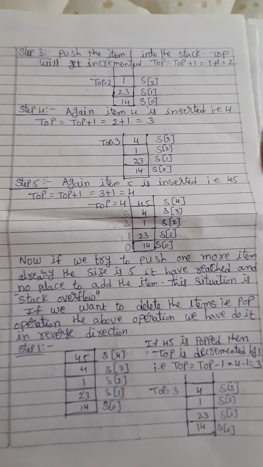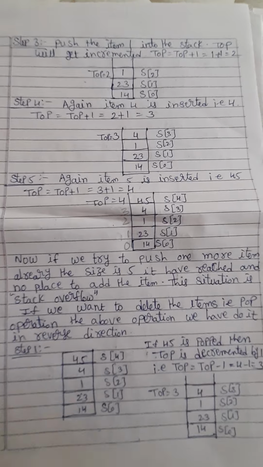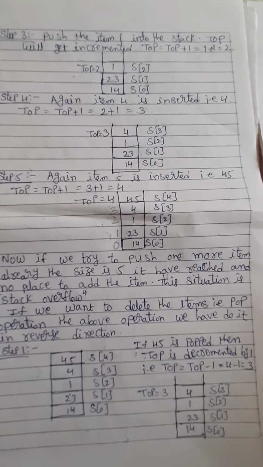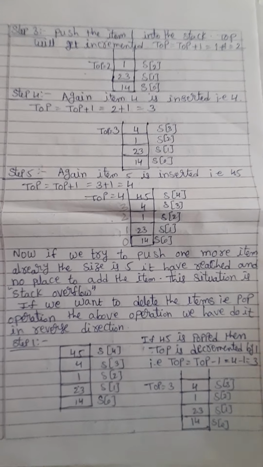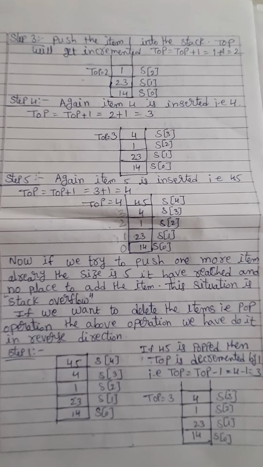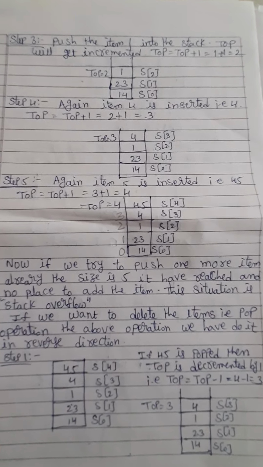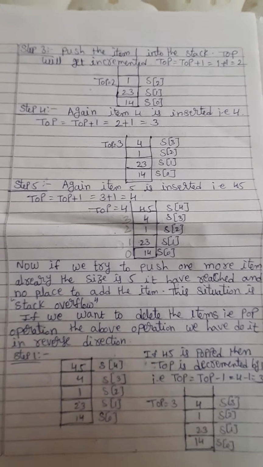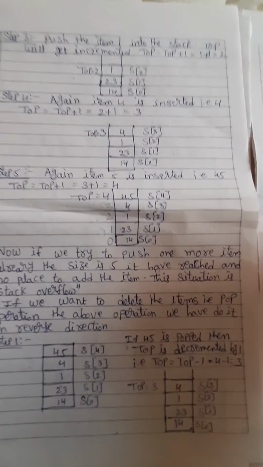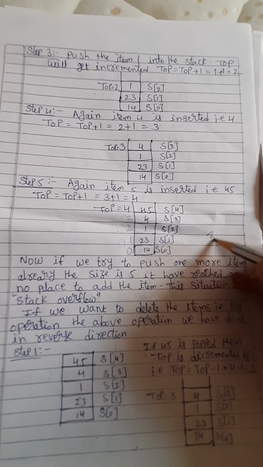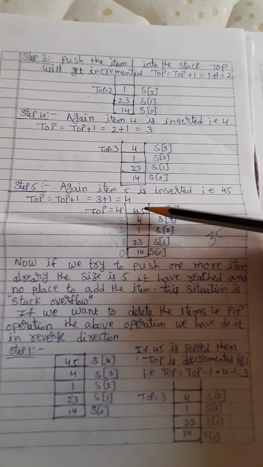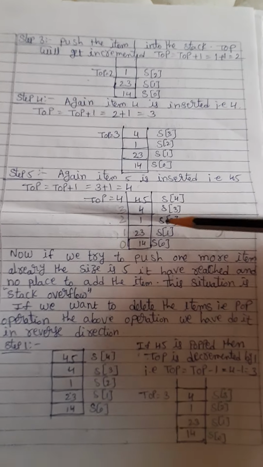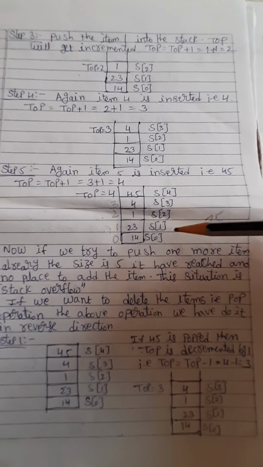Up to here the push operation has been performed. That means we have inserted the elements one by one by incrementing the top value. And if you want to push one more element, for example 35, already we have inserted 5 elements in 5 positions, and we have declared the size as 5 only.